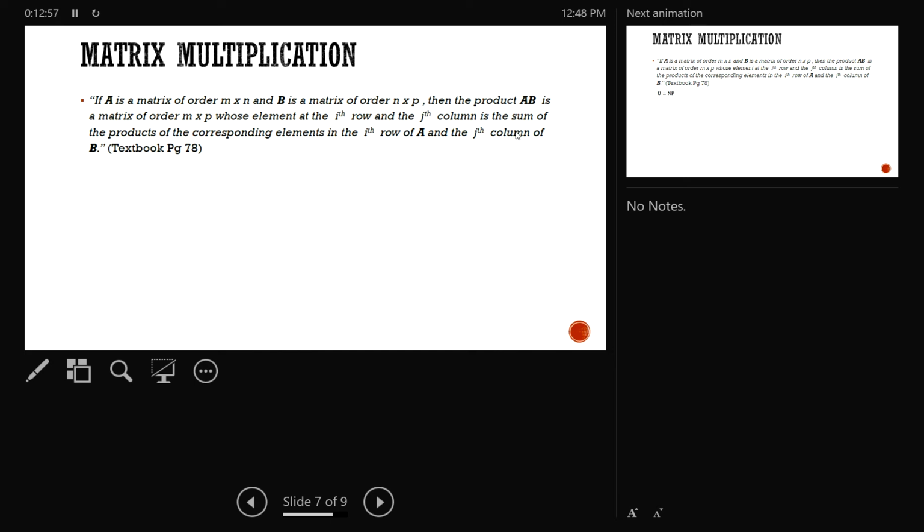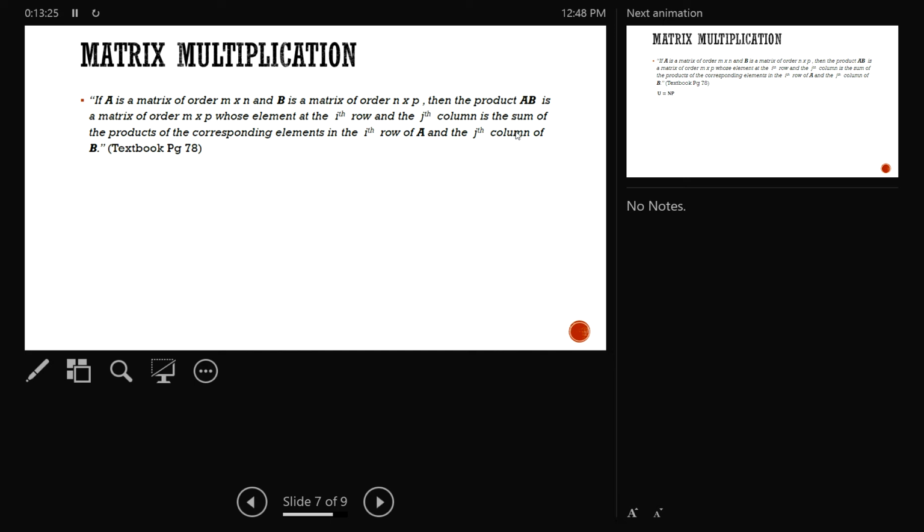Okay, so this is found in your textbook page 78. This is the definition. Do you think you can understand it? Try. If A is the matrix order m by n, B is matrix order n by p, product AB is for the multiplication of two matrices A and B. It's a matrix order m times p, element in the i row, j column, and so on. Not easy to understand.